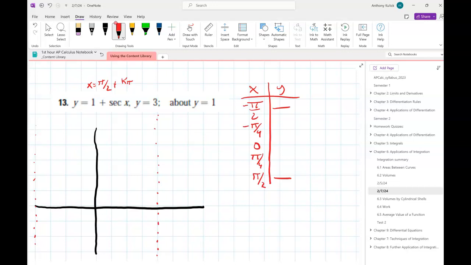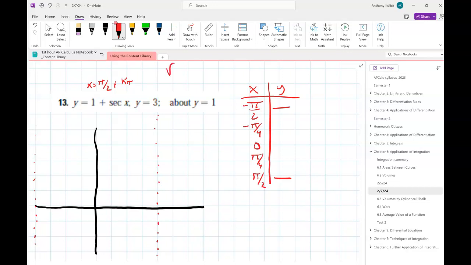What's cosine of pi over 4? Square root of 2 over 2. But this is secant, so we're going to take the reciprocal. What's the reciprocal of square root 2 over 2? How about just square root 2?